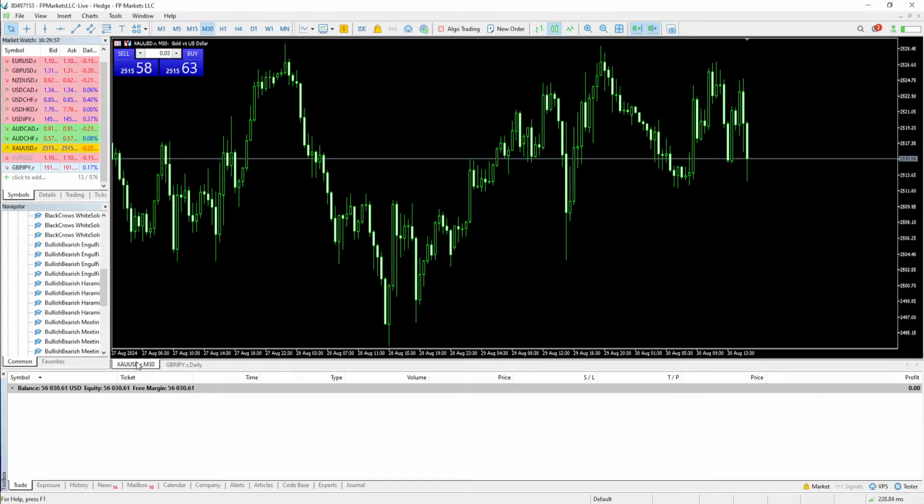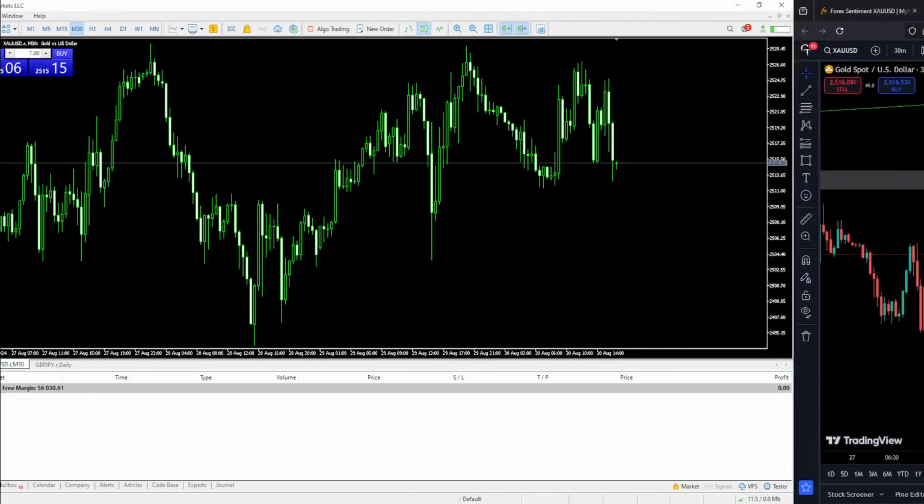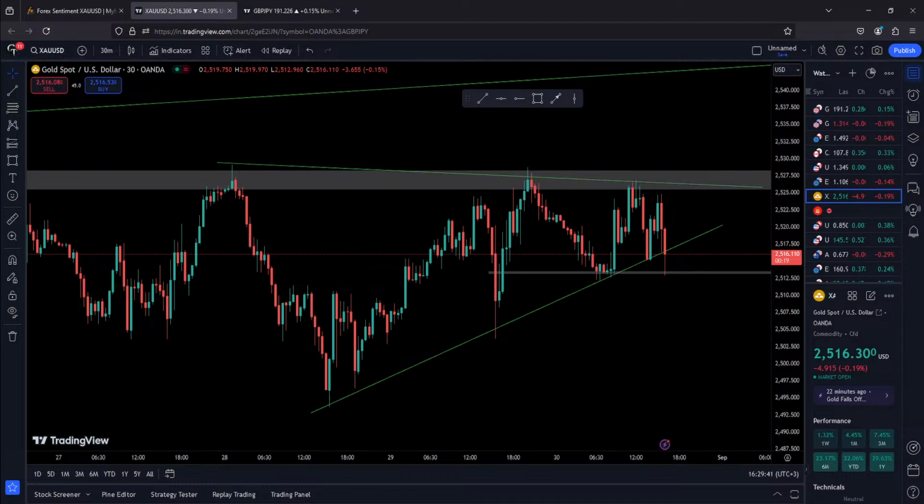If I take sells in gold, it will be a one lot sell. So I'm already prepared for my trade in gold, and the candle has closed. So let's have a look.